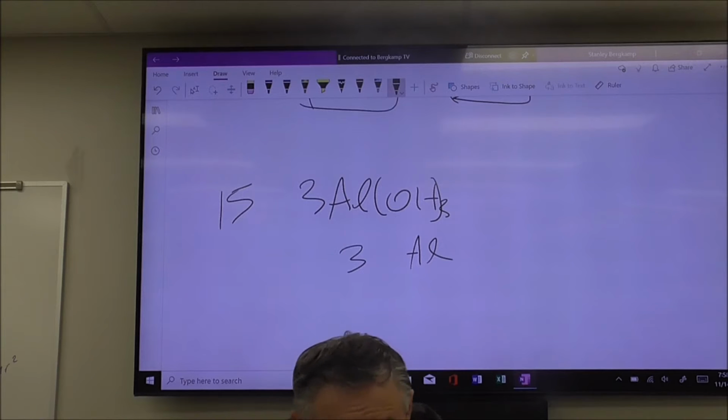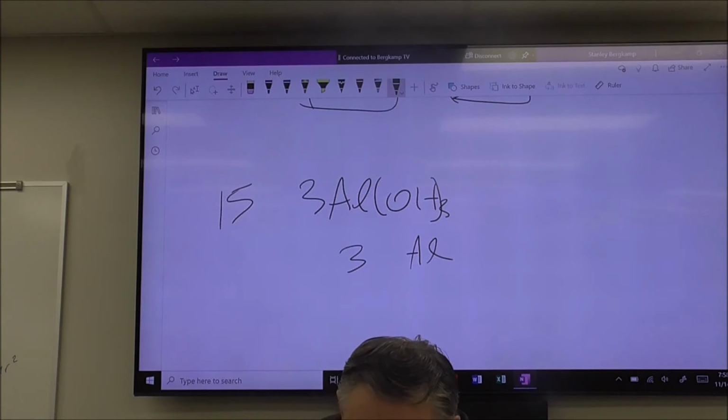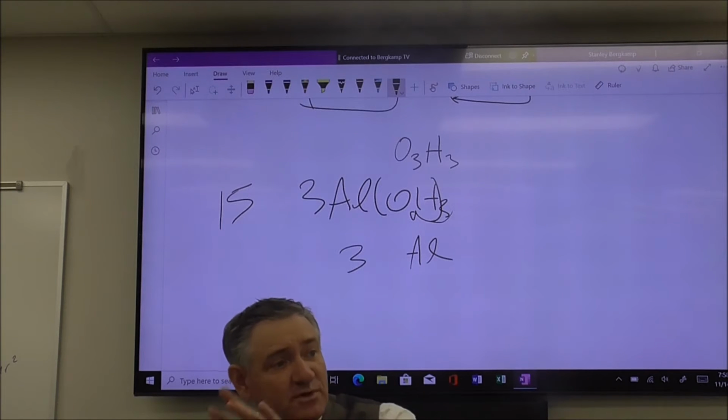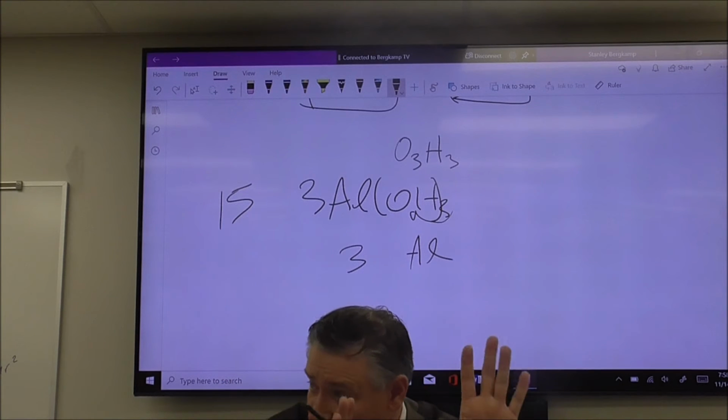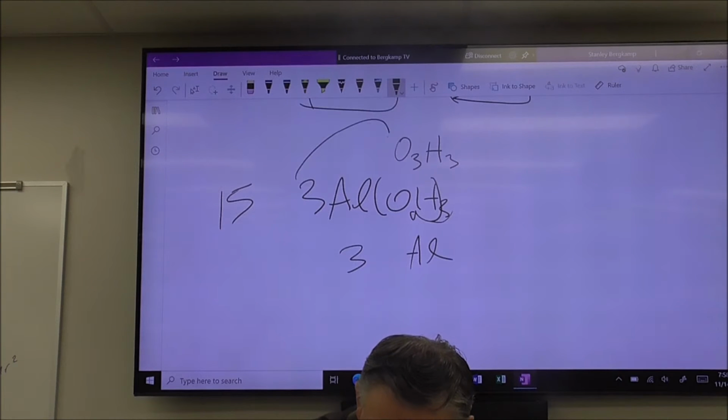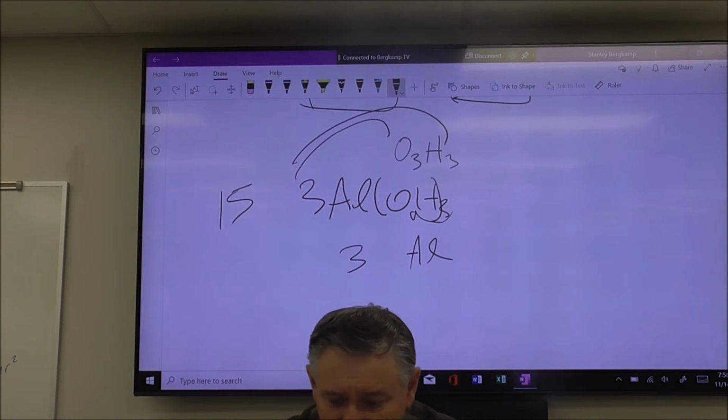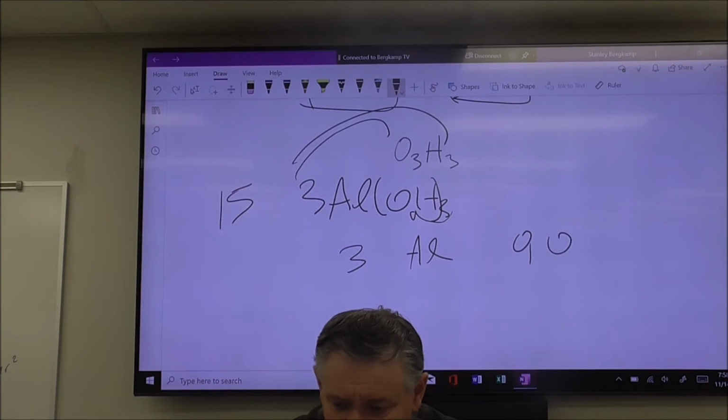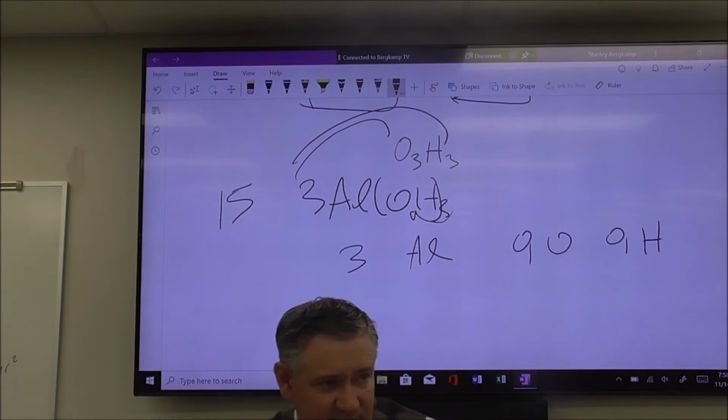Now, how many oxygens do you have? 9. Because if you want to think about this, some people like to do this. They'll write this as O3H3, like they'll distribute that 3, and then they'll distribute that 3 over the top, and then you've got 9 oxygens, and you've got 9 hydrogens.